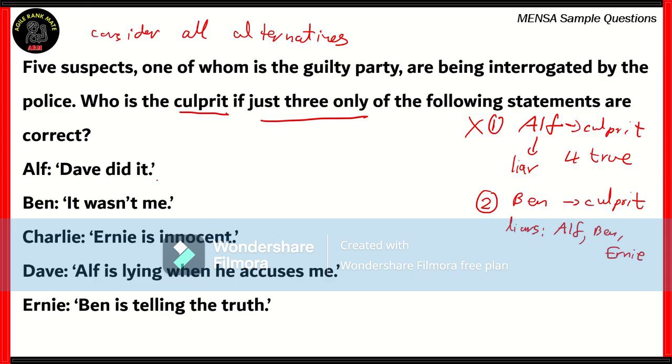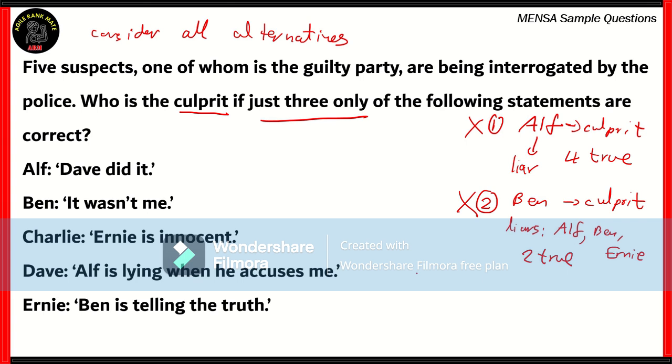Alf says that Dave did it, so he's using a wrong accusation. Ben is denying his involvement, and Ernie is confirming that. So all 3 of these are liars. Now, that means there are only 2 true statements according to the question. However, we need 3 correct statements in the scenario where you find the culprit. So again, the second possibility does not work.